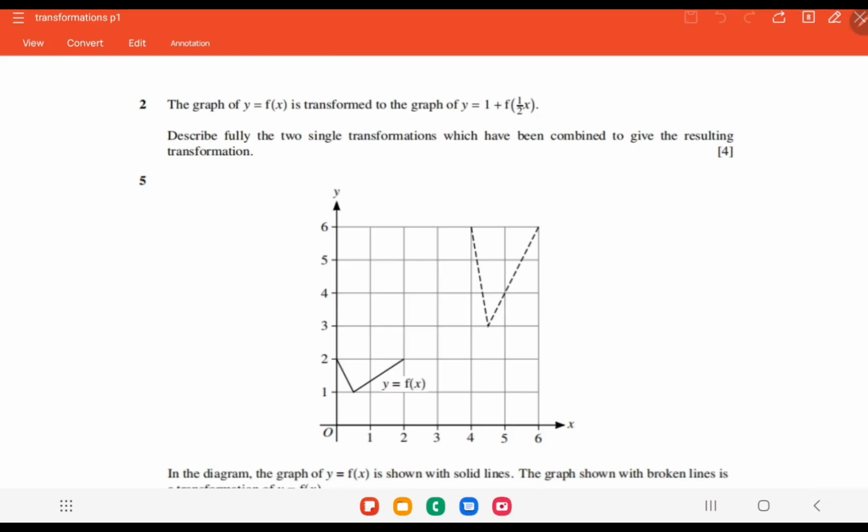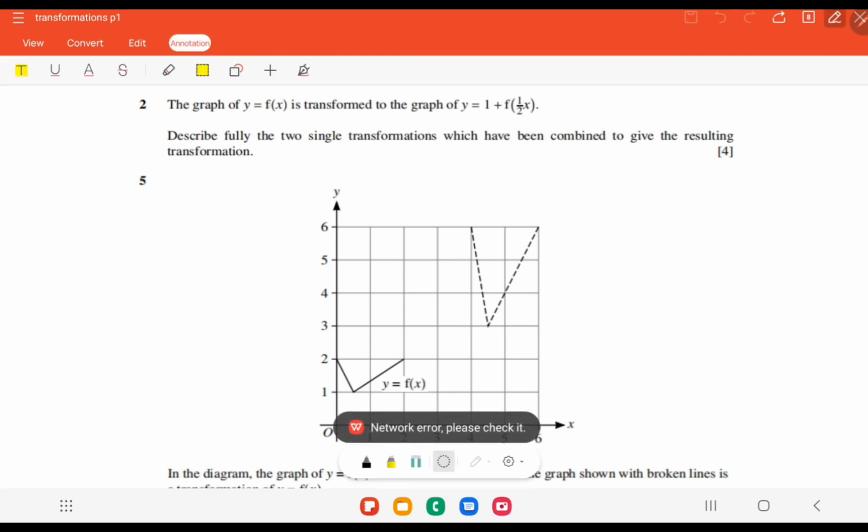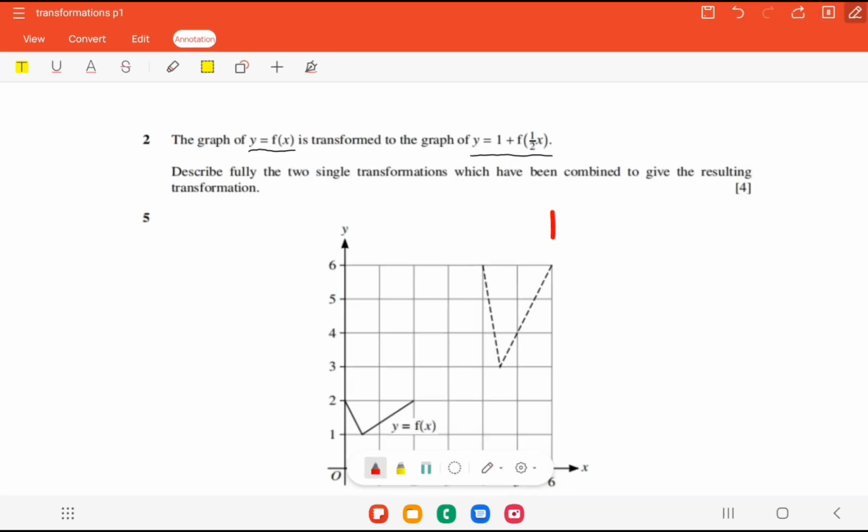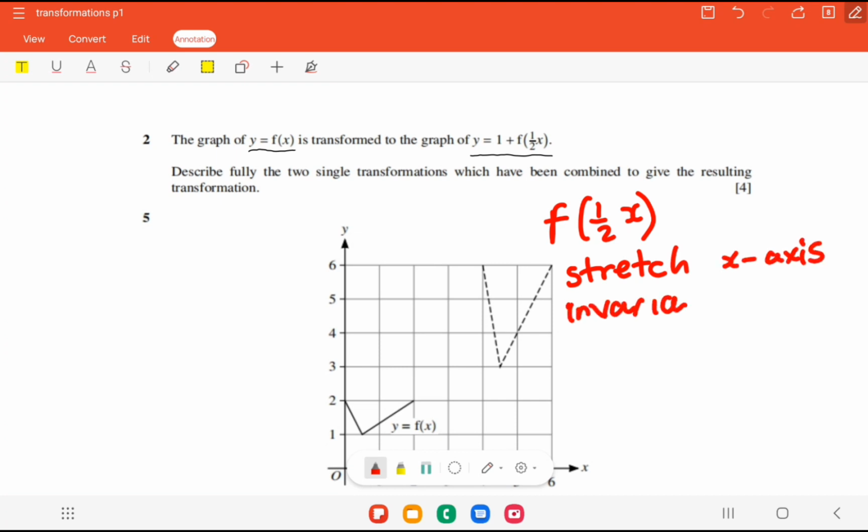The graph of y is equal to f of x is transformed to the graph of y is equal to 1 plus f of half x. Describe fully these two single transformations which have been combined. So the first transformation I'm seeing is an f of half of x, and according to the notes, that's a stretch in the x-axis, and the factor is a factor of 2, because the factor is always 1 over the coefficient of x.